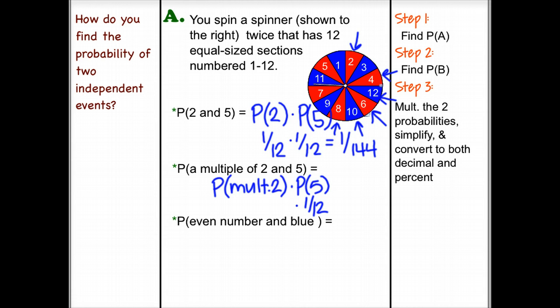So I take 1, 2, 3, 4, 5, 6. So that's 6 out of 12. One thing I know is that 6 out of 12 is equal to 1/2. So 1/2 times 1/12 is going to be 1/24. And I will leave you to get the decimal and fraction equivalents.